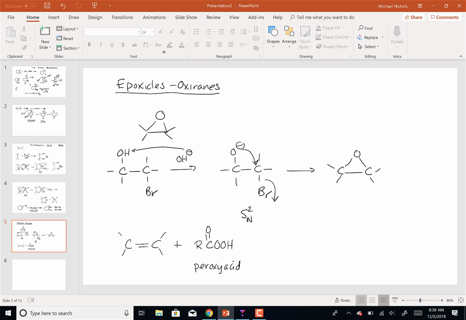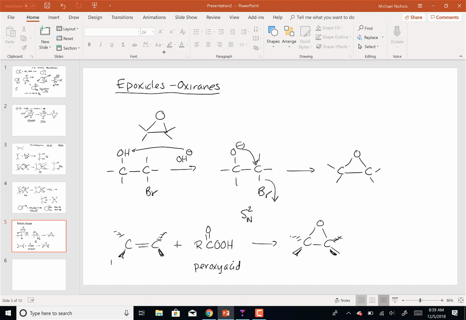So this is a one-step mechanism. We're not going to talk about explicitly the mechanism, but the key thing is the oxygen just adds to one side of the double bond, and both bonds are formed immediately. So it's a concerted mechanism. It's one step. So when you make the epoxide, the stereochemistry of the double bond is preserved.